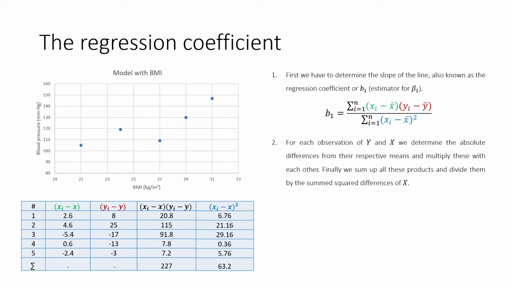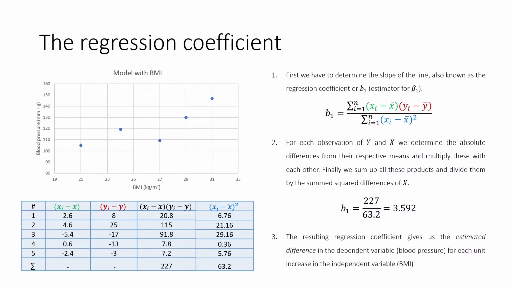And when we calculate all of that, we get the following values: 227 at the top and 63.2 at the bottom, which results in a B1 of 3.592, which is going to be the regression slope, the slope of the regression line.